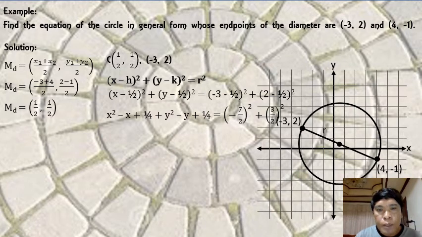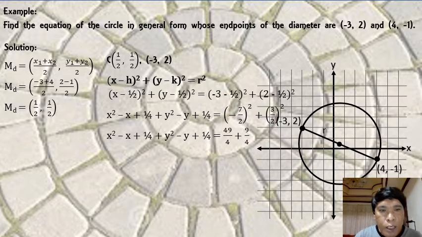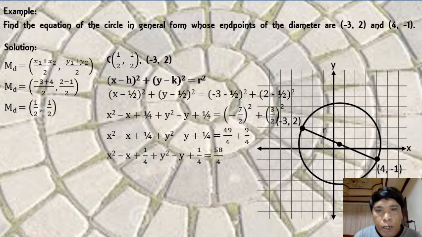Then, simplify further. That is x squared minus x plus 1/4 plus y squared minus y plus 1/4 equals, so simplify muna natin ito: negative 7 over 2 squared is 49 over 4, while 3 over 2 squared is 9 over 4. Then combine like terms, so 49 plus 9 is equal to 58 over 4.